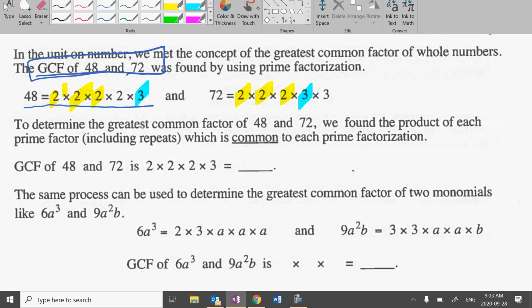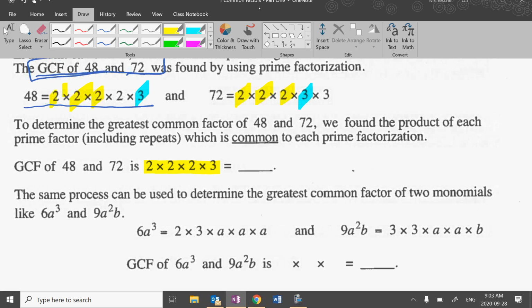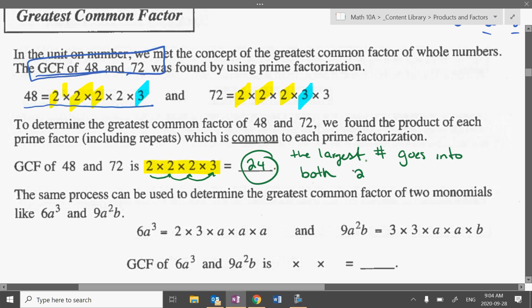Only 1 3. So when we multiply that out, what do I get for an answer? Two times 2 is 4, times 2 is 8, times 3 is 24. So that means 24 is the largest number that goes into both 48 and 72.